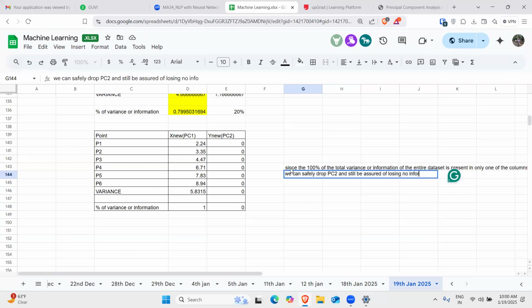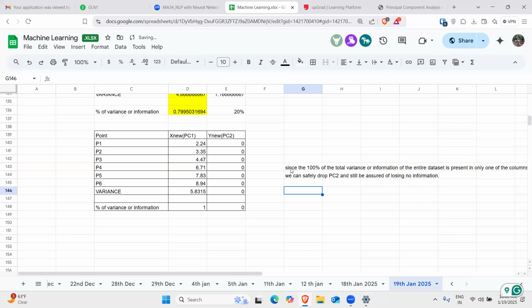Losing no information in my data. Isn't it simple? So that's what we have.